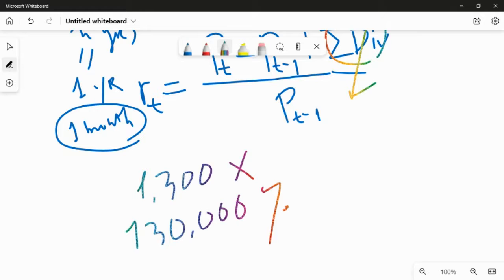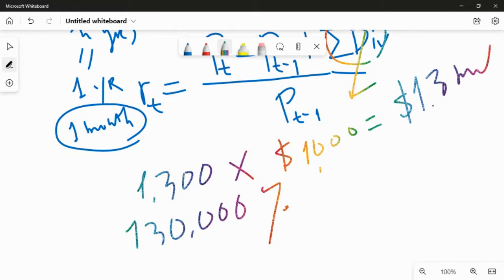Which means if I bought $1,000 of Apple in 1981, that would be 100 shares. Today, it would have become 1.3 million, right?